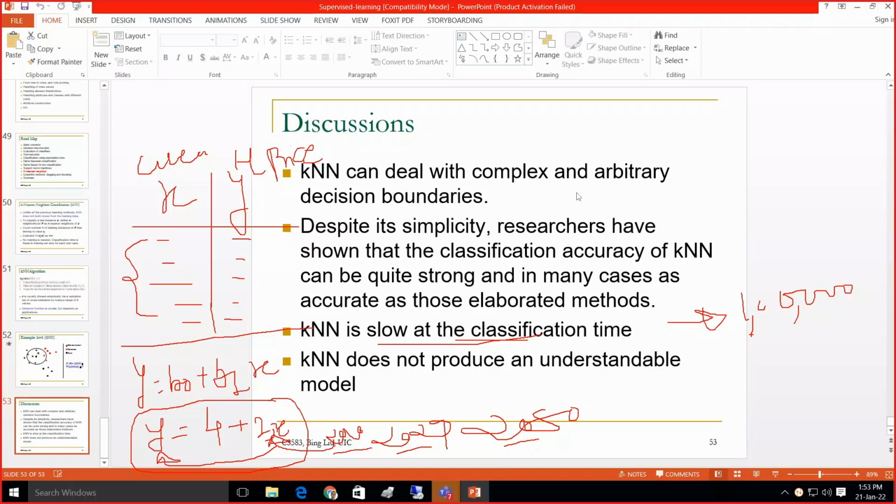Now in real life, in which case can you say KNN cannot be useful? Consider the COVID-19 third wave. You have the historical data of the COVID-19 first wave and second wave, and from this historical data you want to predict the cases for the third wave.